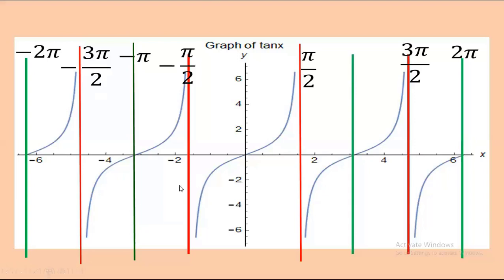And what about the range? Range, you see, it covers all points along the y-axis, that is below and up, all points except infinity. So the range is from minus infinity to infinity, which means not equal.